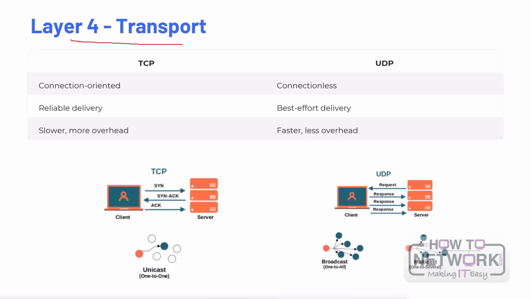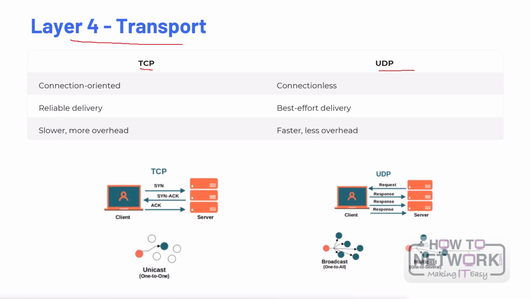Now let's talk about the fourth layer, or what we call the transport layer. Here, we typically talk about two different protocols, which are TCP and UDP. So what are those? TCP, or the Transmission Control Protocol, is a connection-oriented protocol, meaning it establishes a virtual circuit between the sender and the receiver before transmitting data.